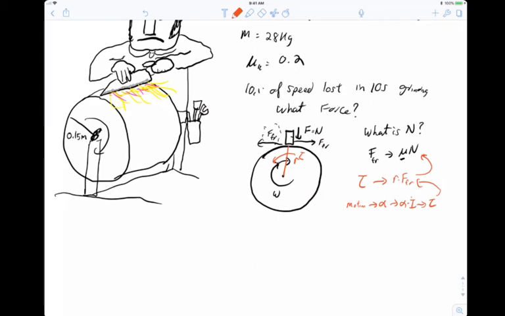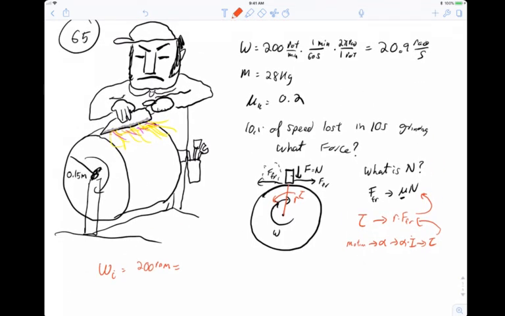So we start with the motion. What do we know about the motion? We know it is spinning initially at 200 RPM, which corresponds to 20.9 radians per second.